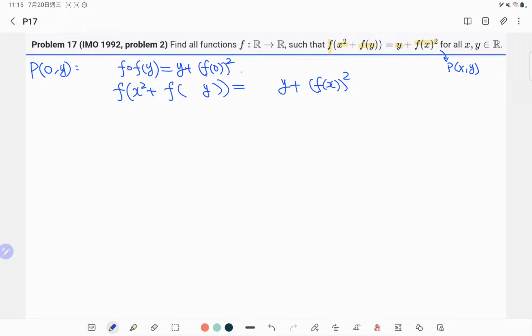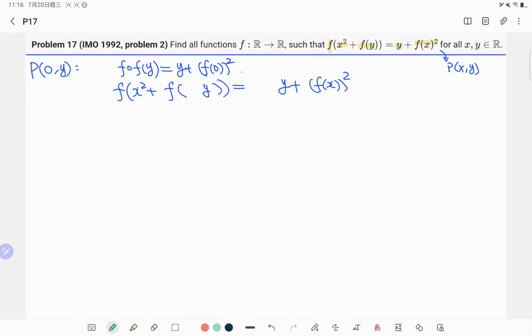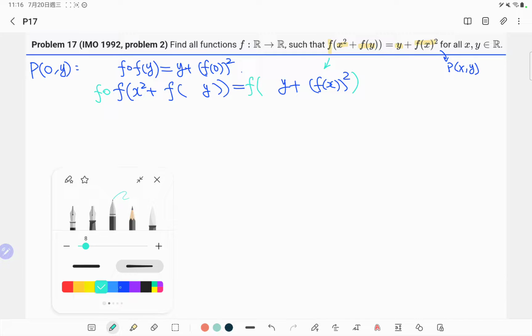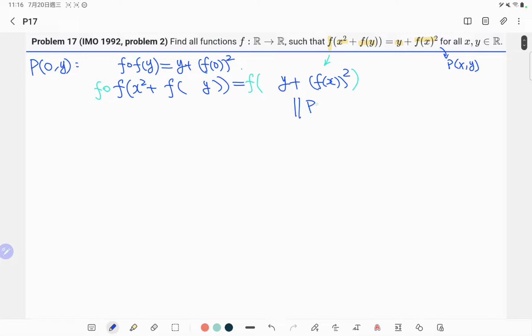So let's take f on both sides, so f of both sides equals each other. Then let's see whether we can apply the left side of the functional equation to the right side of this equation. First of all, we can change x to f(x), which means P(f(x), something).